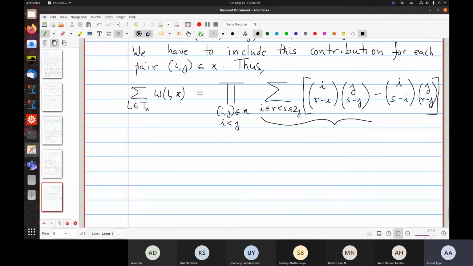So if I call this double sum Hij, this is equal to the product over Ij in pi, I less than j, of Hij.